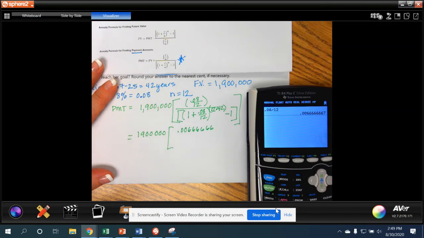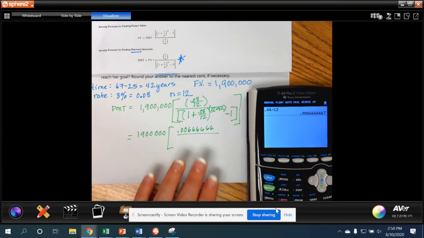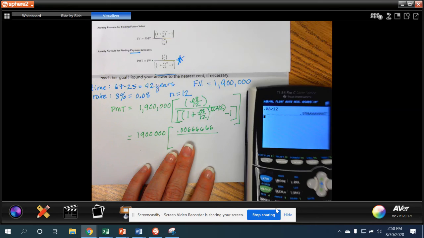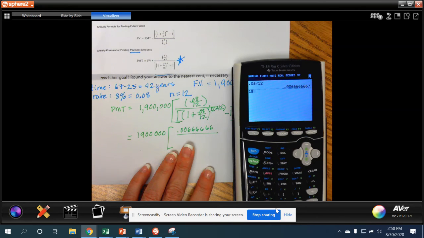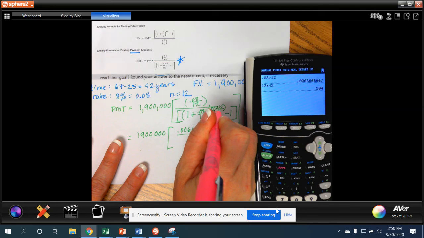It rounds to 7 because it has to end on the screen. It's really 6 repeating. And then I have in the denominator, inside out, figure out what 12 times 42 is, or have it already in an extra parenthesis. I can do it both ways, but I have 504. So I know that this amount is 504.